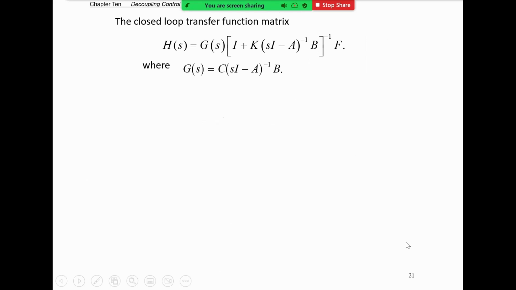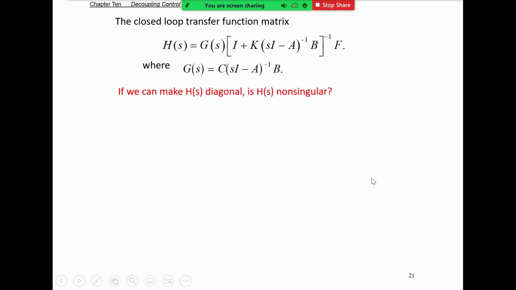Okay, and let's take a close look at this matrix. Remember, at the end, what we want to achieve is that we will make this closed loop matrix a diagonal matrix, right? If this H is a diagonal matrix and all the elements are non-zero, of course, can we conclude that this H is non-singular?